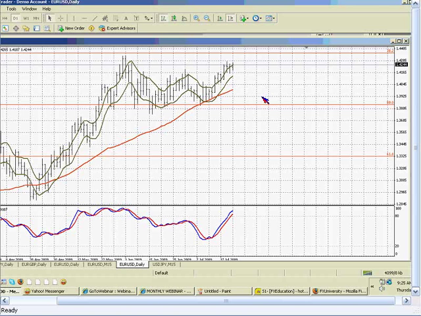It brings more weight, and the more exponential, all it does is exponentially reduce the importance of the data back into the history, and it brings more weight on the more recent historic data. That's all it does, really.